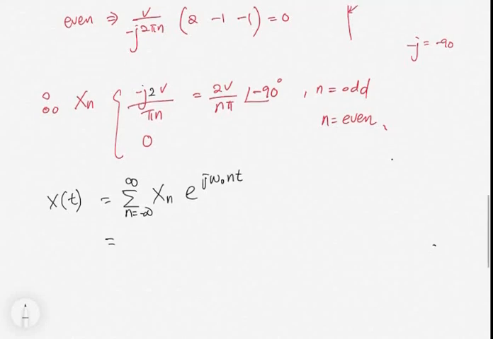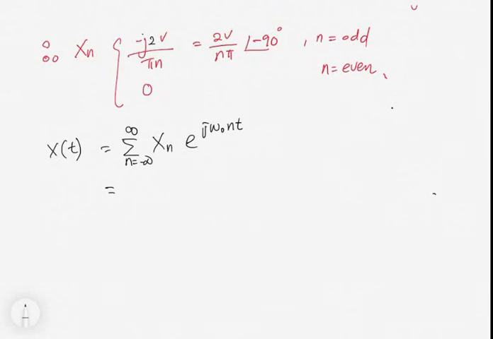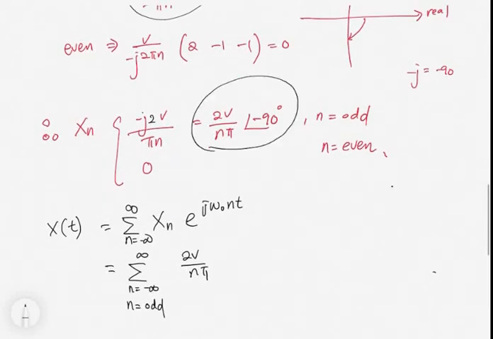So when you substitute the value of xn, you have n equal to minus infinity to infinity, and n equal to odd, because only odd you have the value. So the xn is equivalent to 2 volt over n pi, which is you found the answer just now.